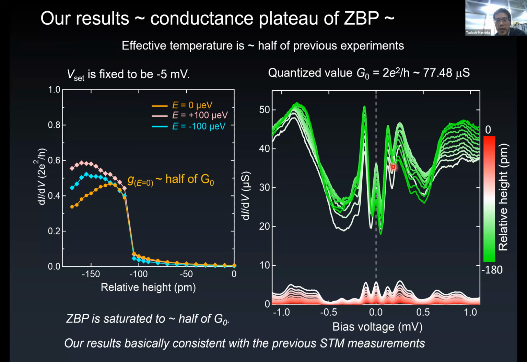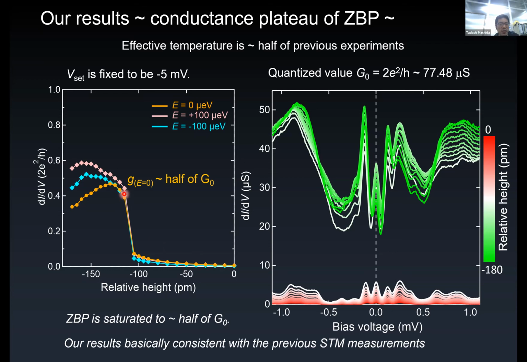Then we extracted the absolute value of the conductance of this zero energy peak and plotted it as a function of the distance between the tip and sample, as shown by these orange lines. At first glance, we can see the plateau-like behavior as shown in the previous measurements. So basically, our results are consistent with the previous STM measurements.